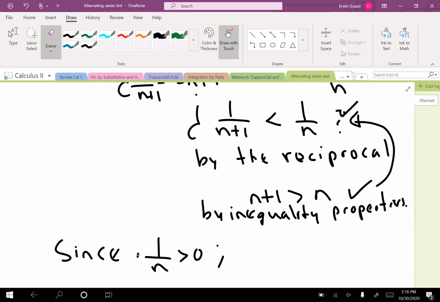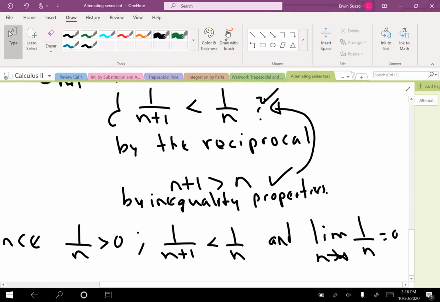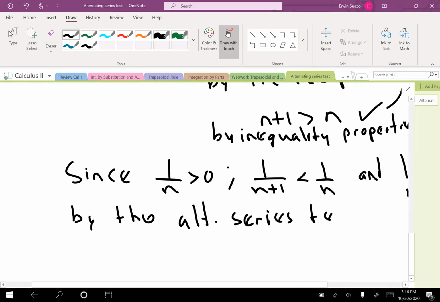Since 1 over n is positive, 1 over n plus 1 is less than 1 over n, and the limit of 1 over n as n goes to infinity is 0, by the alternating series test, the sum of (-1)^(n+1) times 1 over n is convergent.